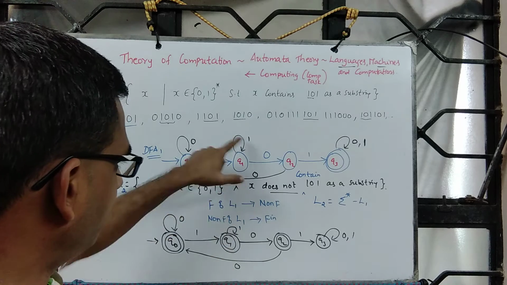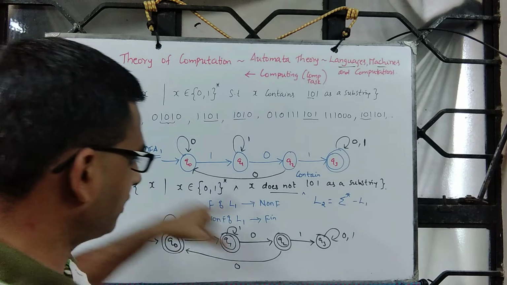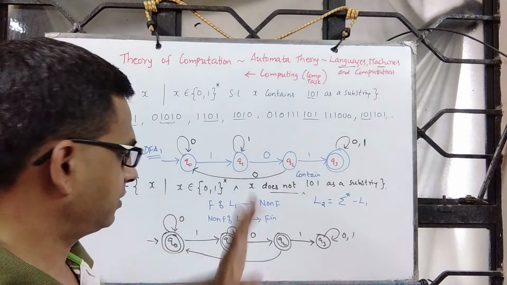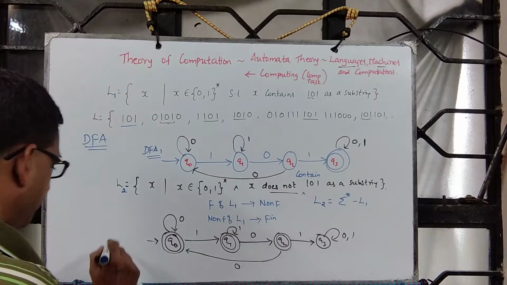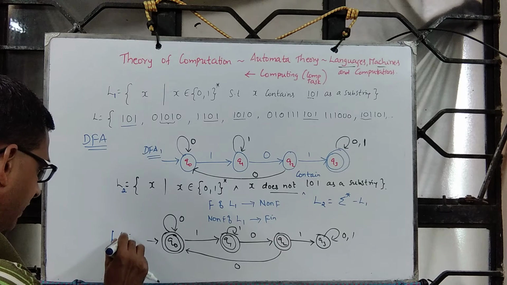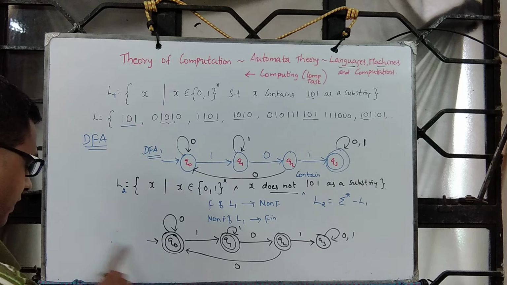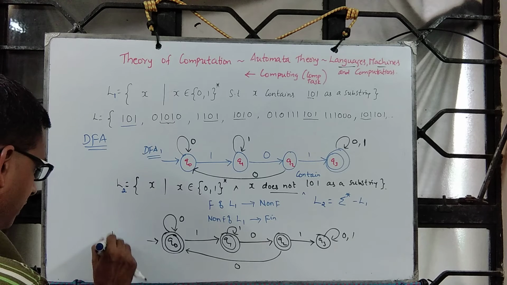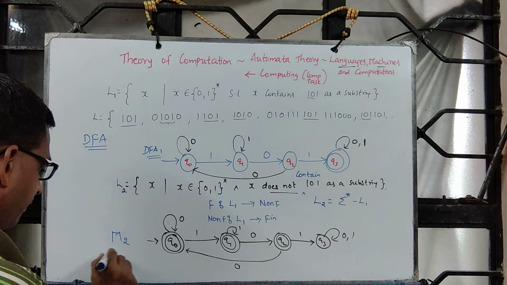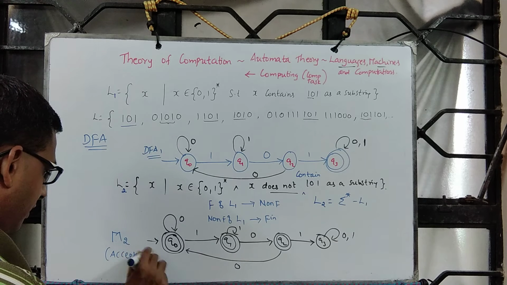On reading 1, we go here. Some more ones you can read. 0, on reading a 0 come back, 1 go to Q3. So now this is precisely our machine accepting this language. Okay, so the machine M2 accepts L2.